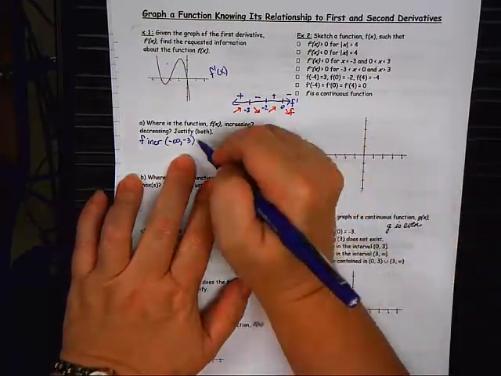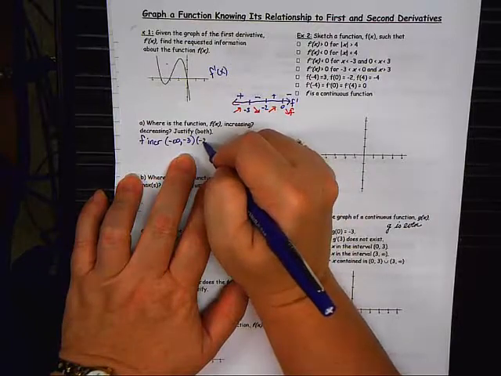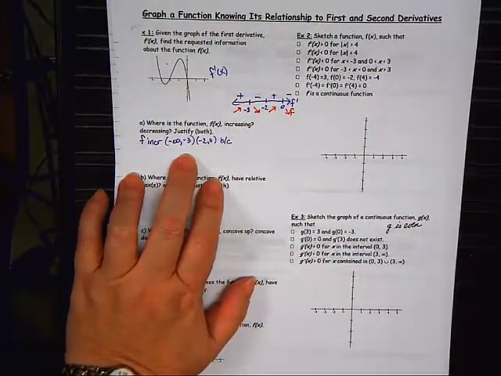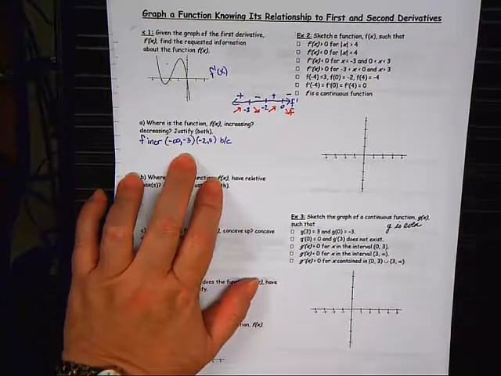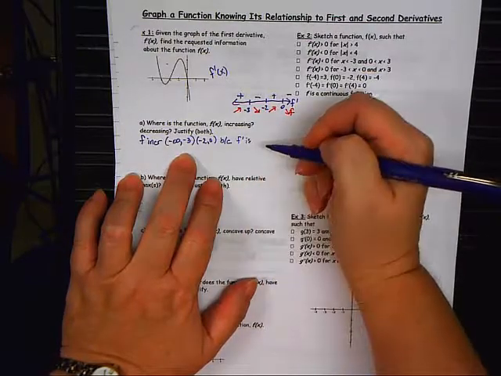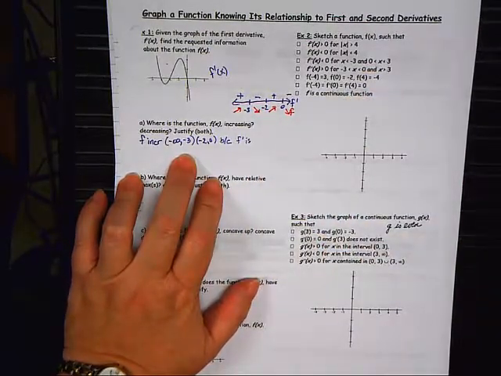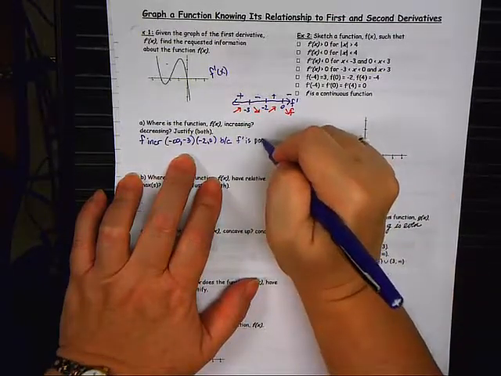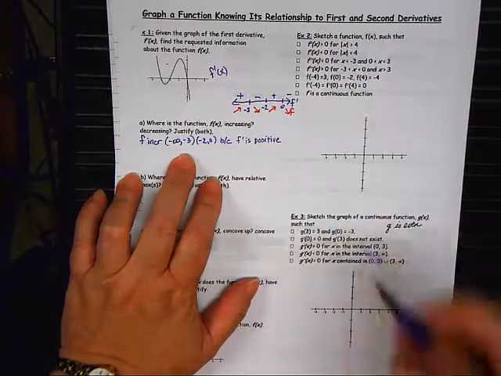And what's the next interval? Negative 2 to 0. Because, you can just do B/C. Because why? Your answer must be something about f prime. Because f prime is, you can say the word positive, or you can say the word above the x-axis. You can do it either way. F prime is positive. That's why it's increasing.